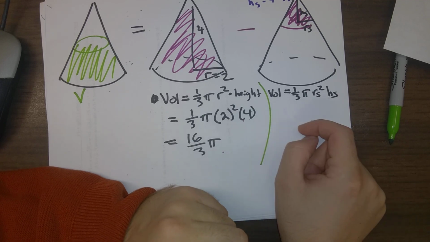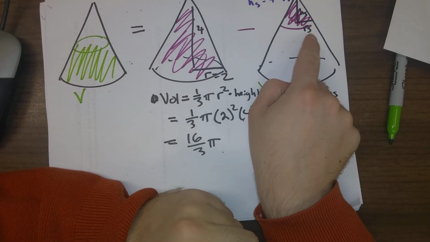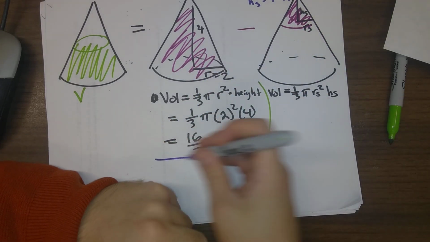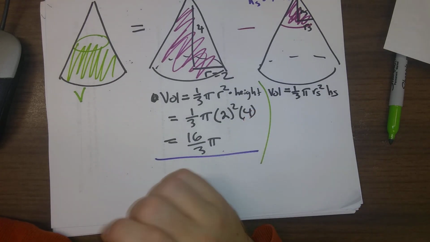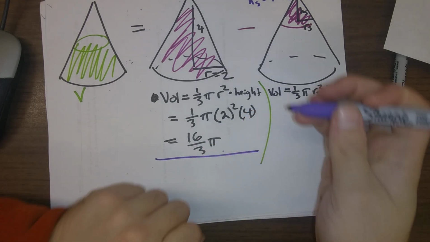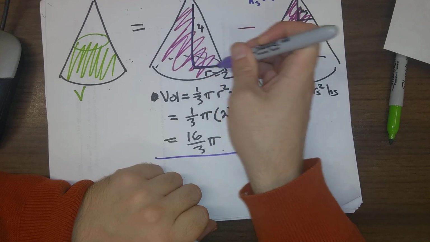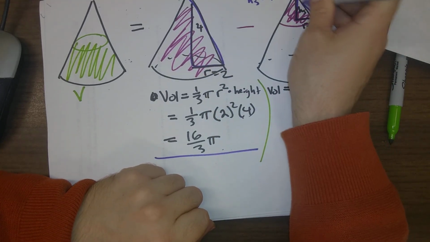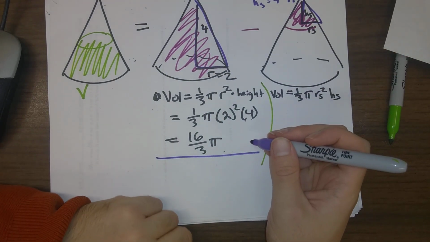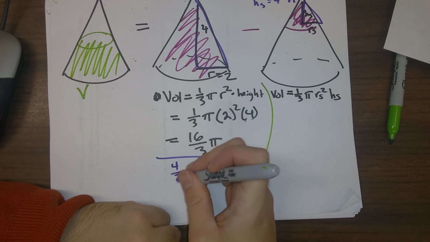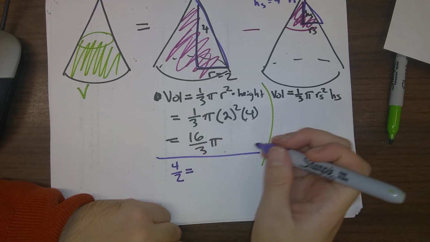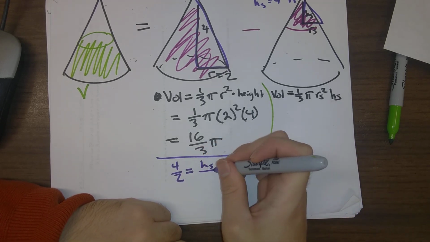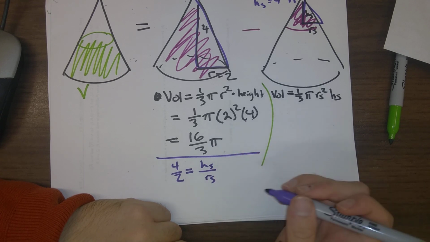And then to figure out what RS is, we have to realize that we're going to use similar triangles here. This and this are similar triangles. So the ratio 4 to 2 is equal to the ratio of HS to RS.